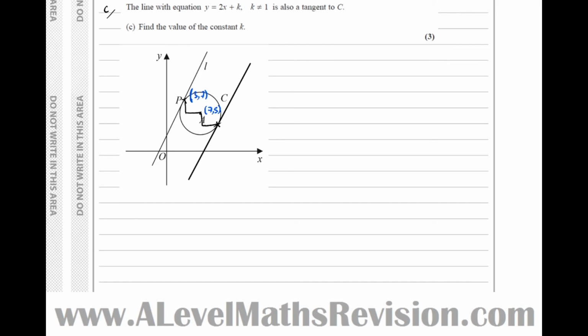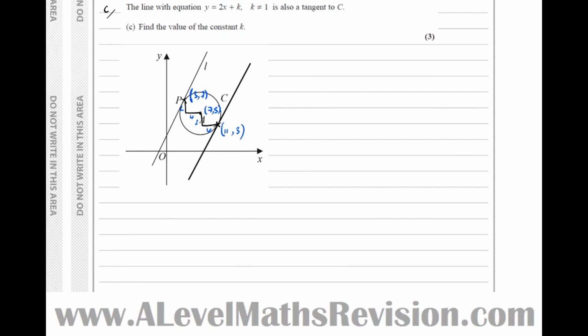So basically, we go down 2 from 7 to 5. Then to the right, we go 4. So down 2, 4 to the right. So go down 2 again, 4 to the right. We get 3 as the y coordinate going down 2. And 4 to the right makes it 11. So that has coordinates 11, 3.